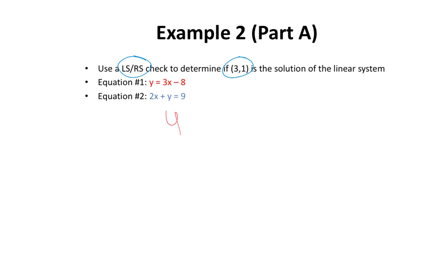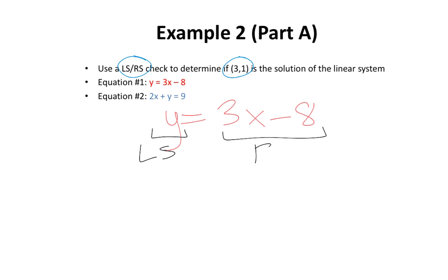We want to rewrite that equation, y equals 3x minus 8. If you recall, this is considered the left side, and that is considered the right side. I want to substitute in this coordinate of (3, 1) and see if the left side is equal to the right side. So let's say sub (3, 1).